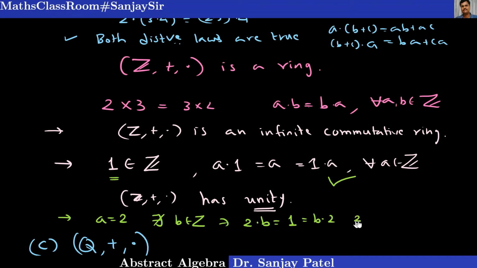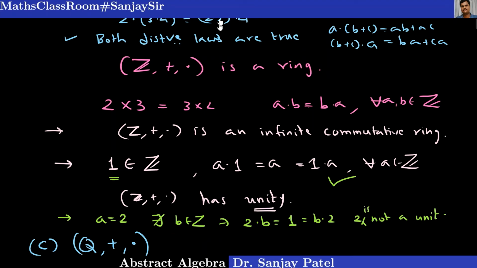In fact, you know that no integer except the numbers 1 and minus 1 are units. So only elements which are units in the ring Z are 1 and minus 1.